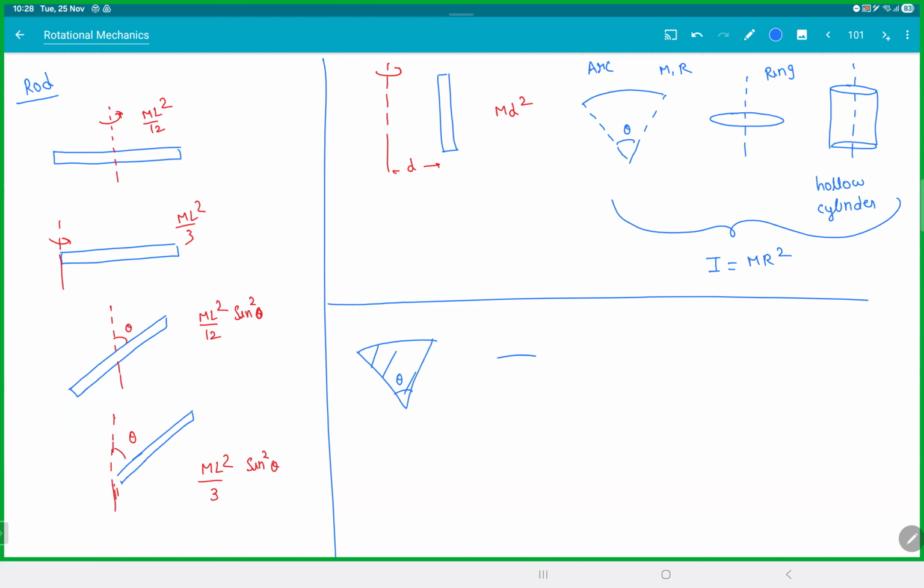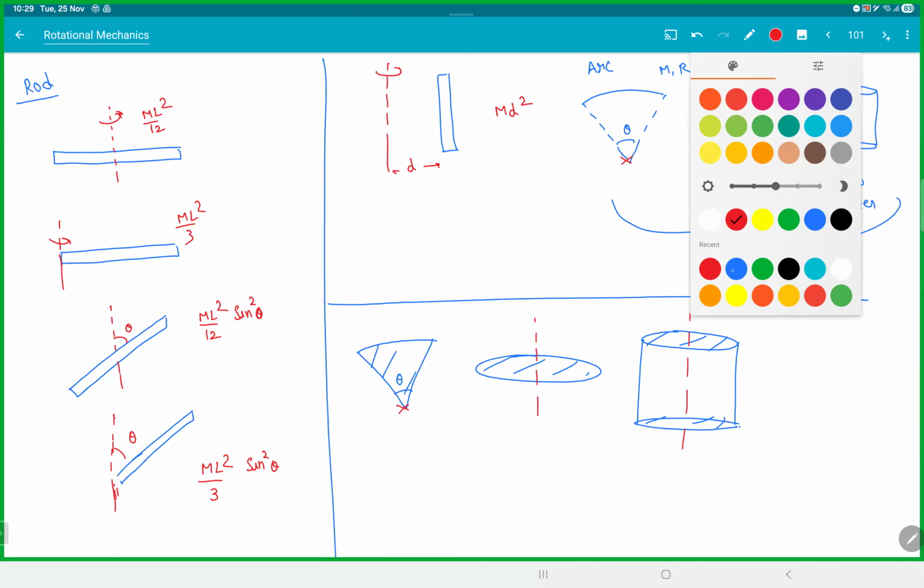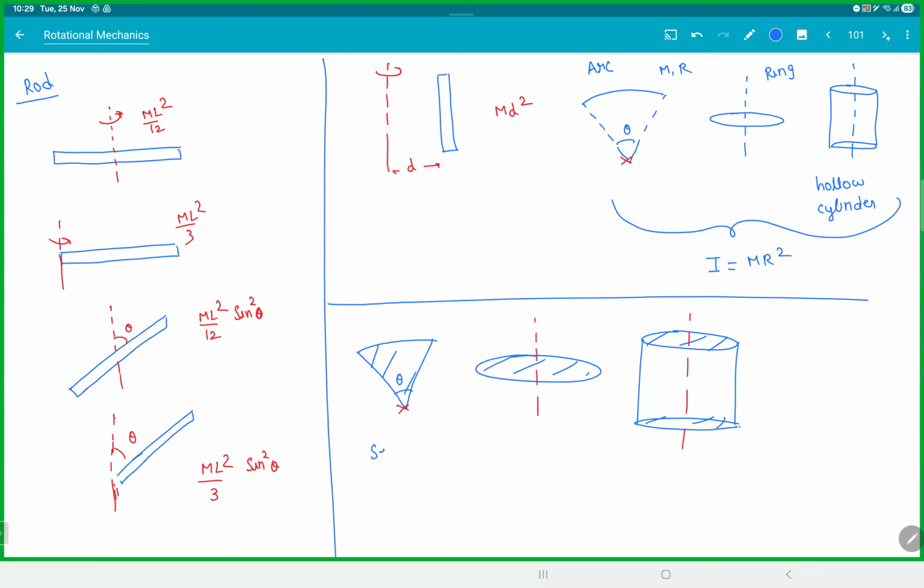Sector, disk, solid cylinder. This is M r square by 2.